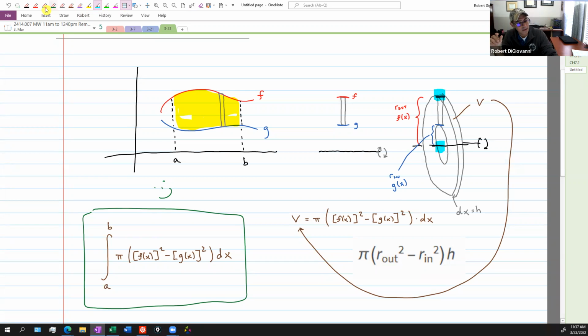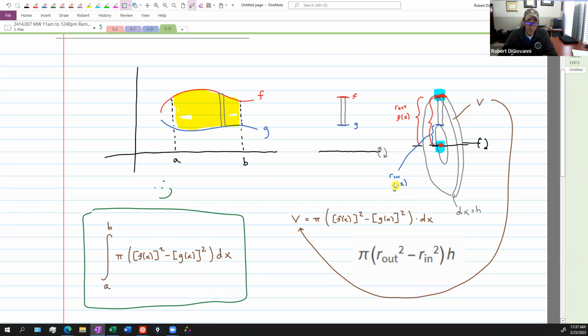I like to look at it like if you were a person standing here on the x-axis, you see that red dot? Imagine that's the top of your head. You're looking out and you can see the edge of the rectangle out there. You're trying to measure that distance. That's R out, the distance from the outer edge of the rectangle to the axis of rotation. R in is the distance from the axis of rotation to the inner edge of the rectangle. Okay.